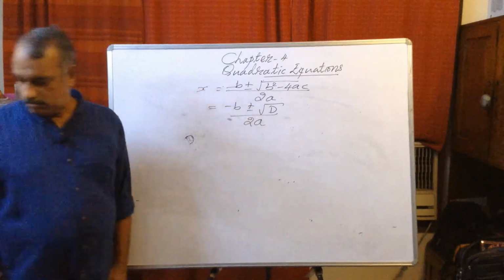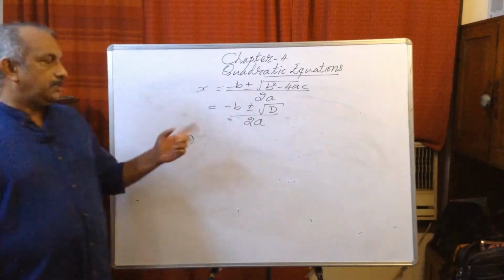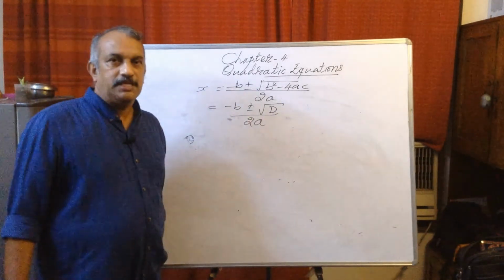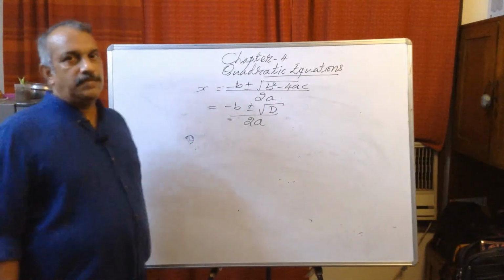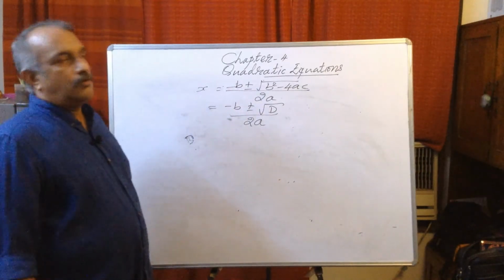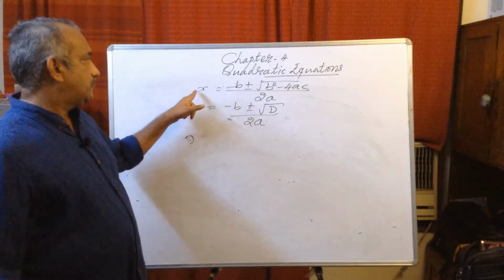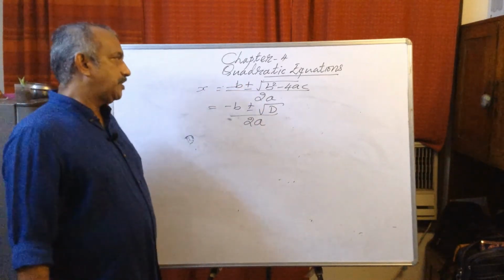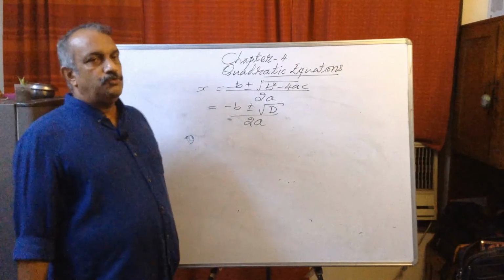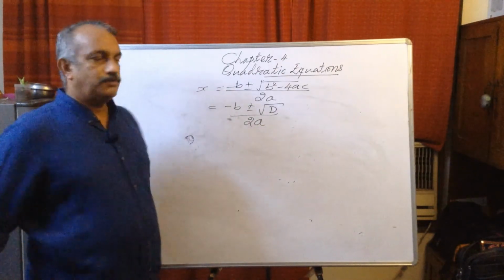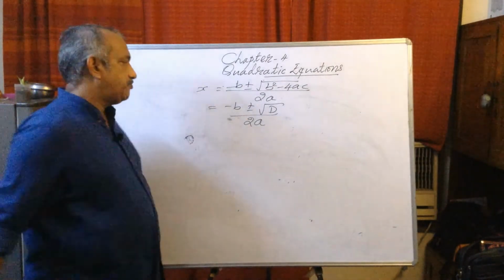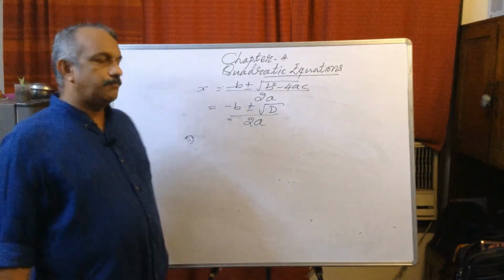See, now there are three methods. One is by factorization we can solve, and the second one is by completing the squares, which is not in the course. The third one is by using the quadratic formula. Now the quadratic formula says x is equal to minus b plus or minus square root of b square minus 4ac upon 2a, or we can write minus b plus or minus square root of D upon 2a.